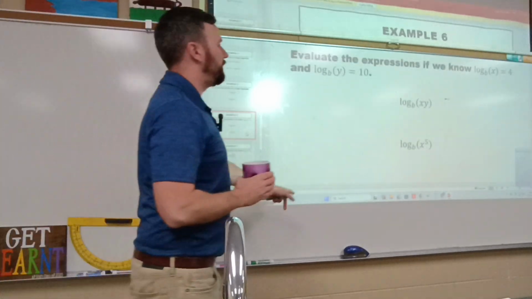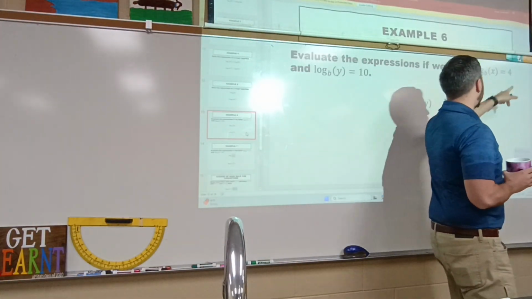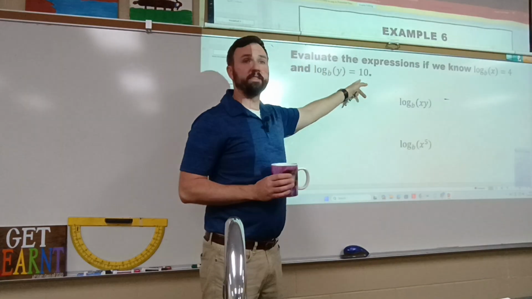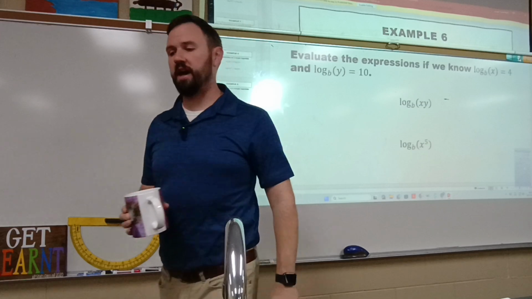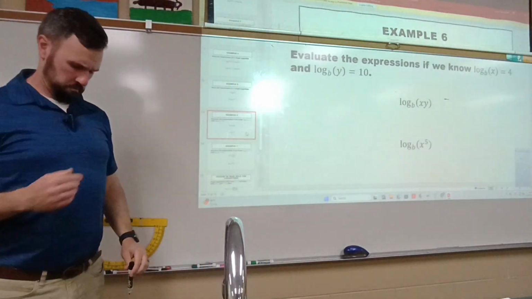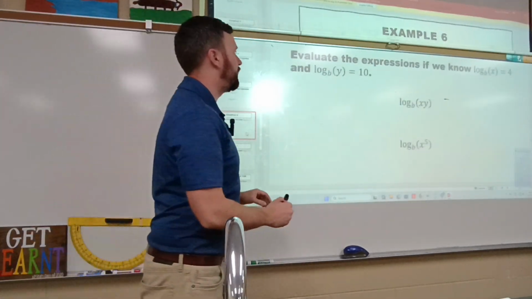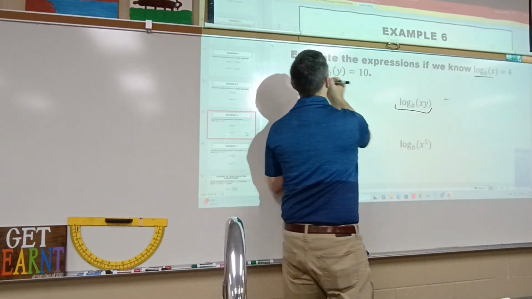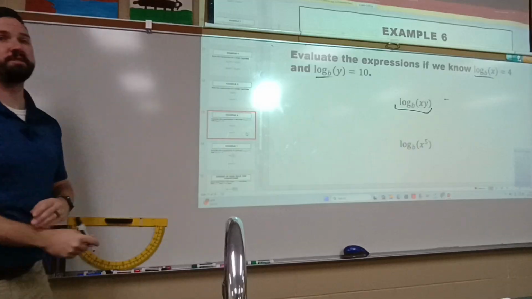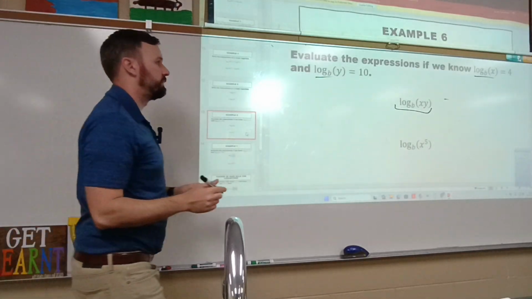So you know log base b of x is 4. Log base b of y is 10. So could you find the value of log base b of x times y? Well, could I rewrite this in terms of both of these? Can I split it up? I can.